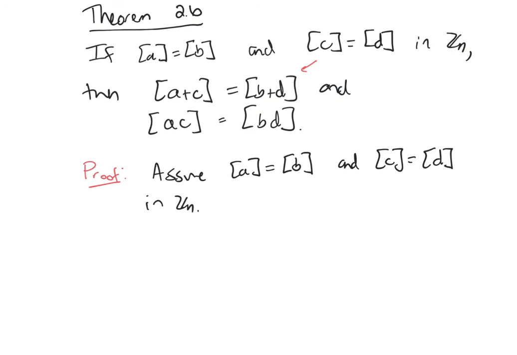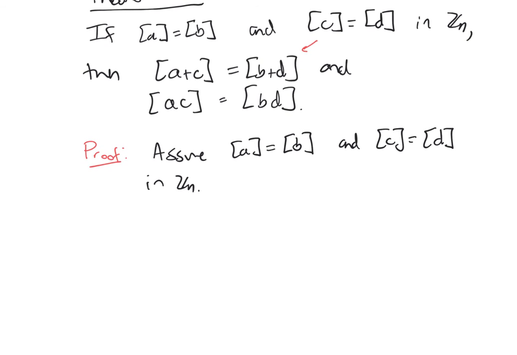At the end of our proof, we need, if the equivalence classes are the same, that n divides the difference of these two. So A plus C minus B plus D. That's what we're going to work towards.